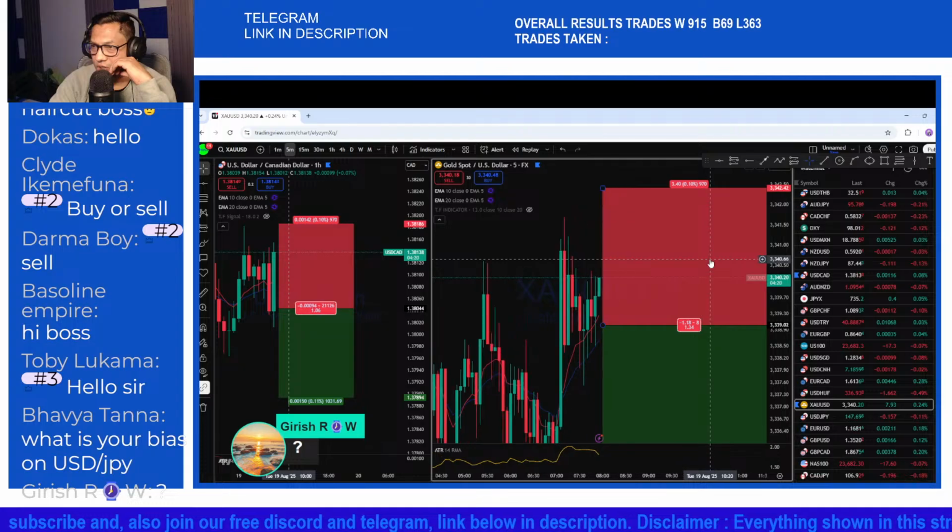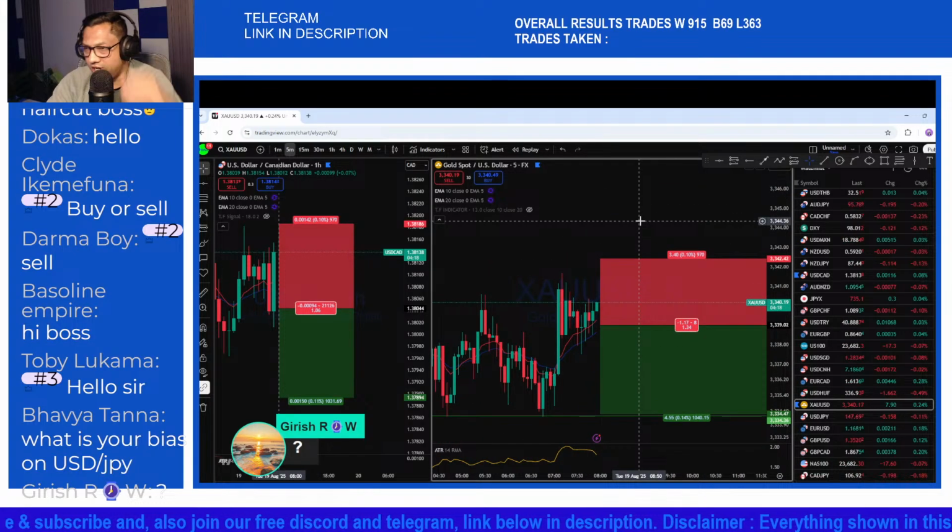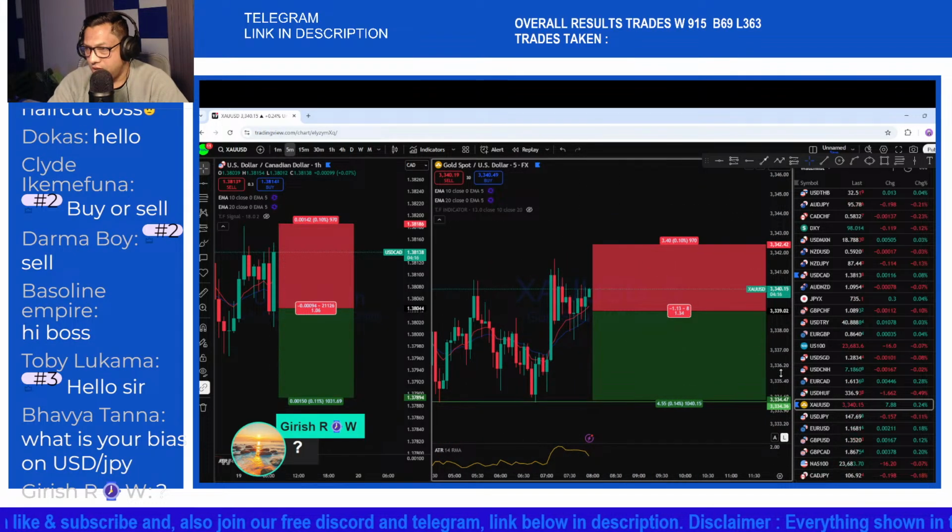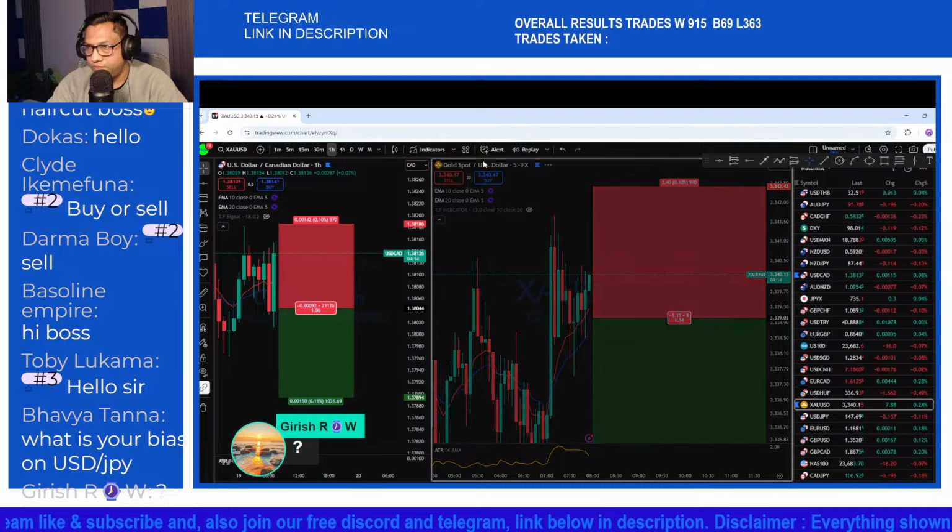Wanting to see the market possibly revert back below here to this support level.